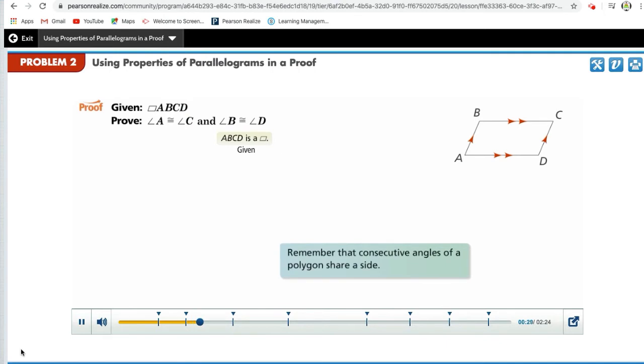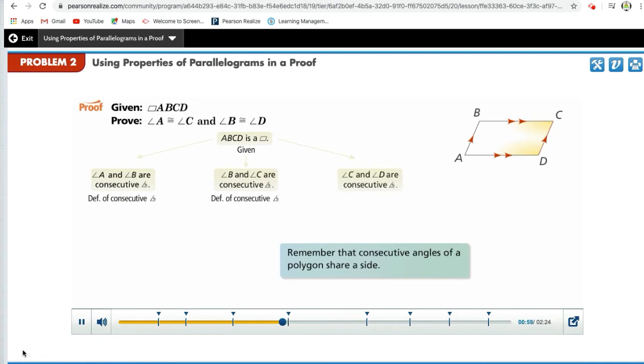Remember that consecutive angles of a polygon share a side. So angle A and angle B are consecutive angles by the definition of consecutive angles. Angle B and angle C are also consecutive angles by the definition, and angle C and angle D are consecutive angles by that same definition.